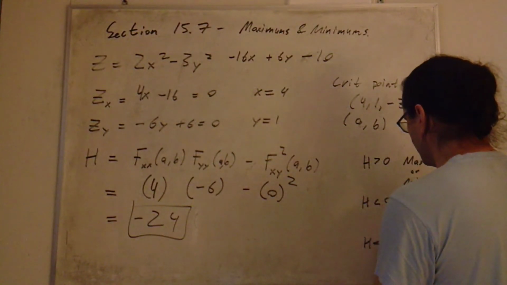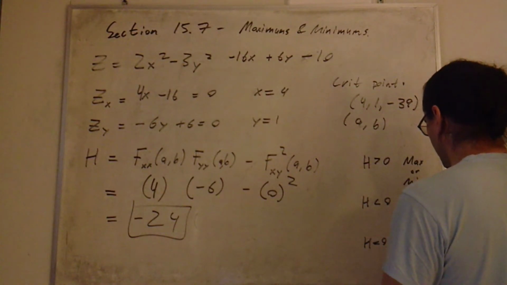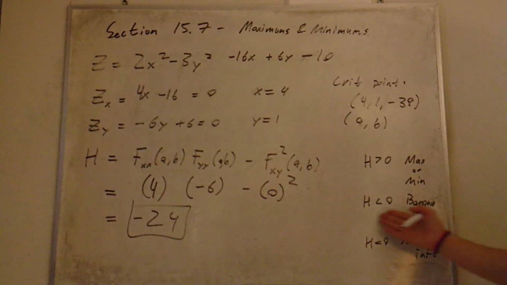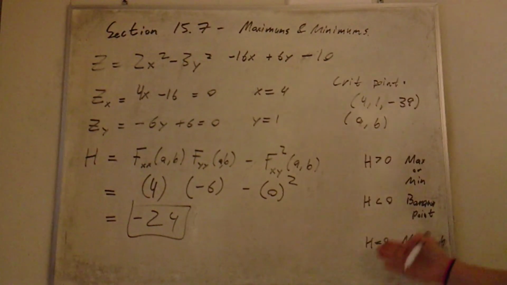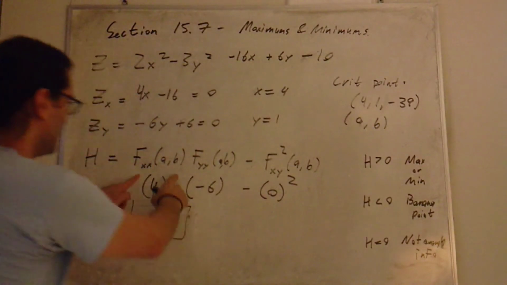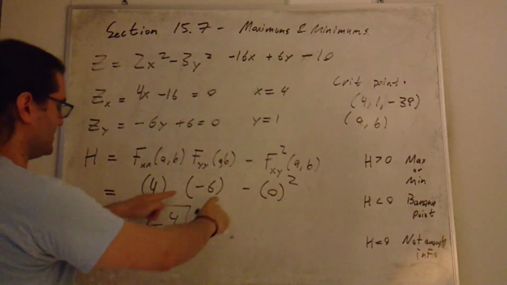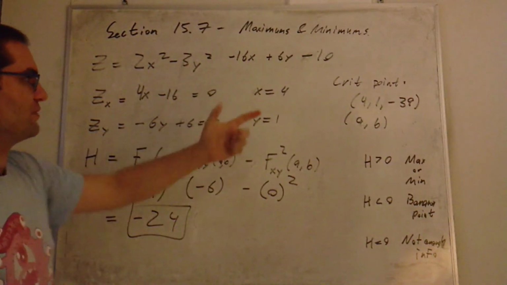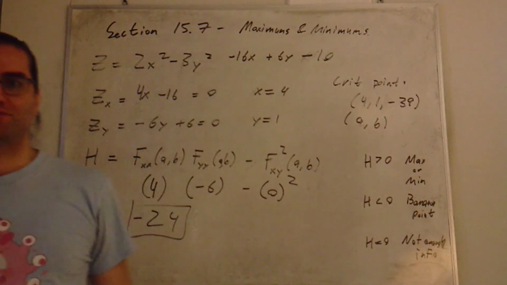If h equals 0, then you have not enough info. So we are in the h is less than 0 category. We are concave up along the x-axis and concave down along the y-axis everywhere. So at this point right here, we have a banana point.